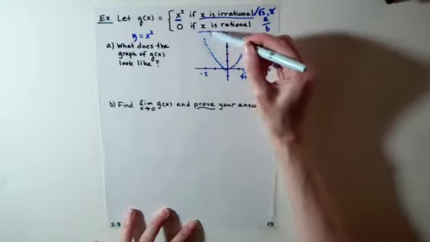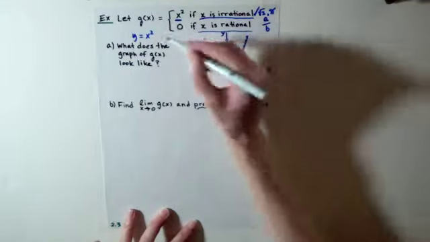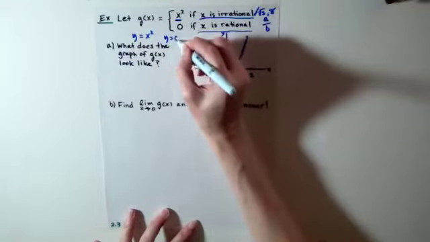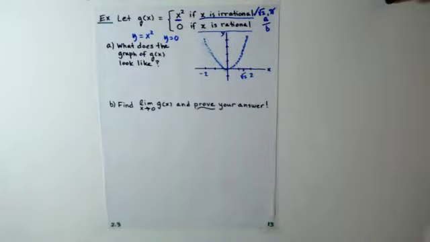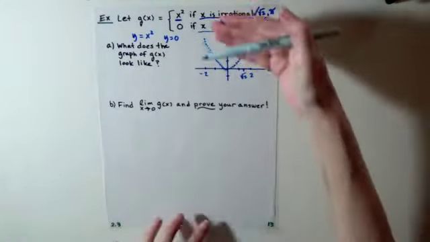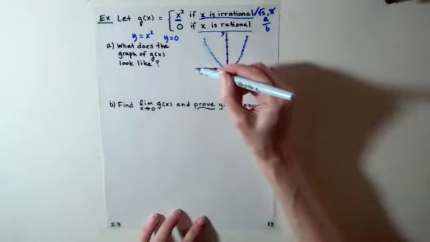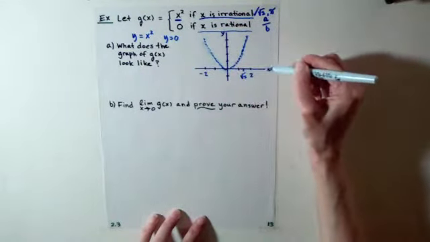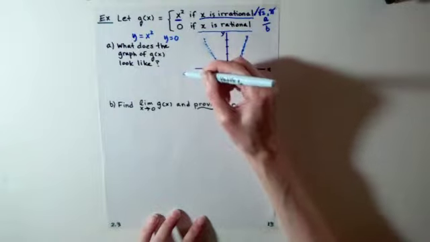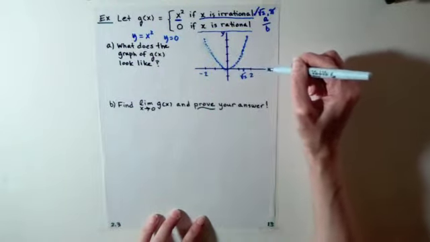Now, when x is rational, we have the function y equals 0. What would that look like if I were just to graph it and ignore the fact that the inputs have to be rational? It would be a horizontal line that crosses the y-axis right at the level 0. It would actually lie right along the x-axis.